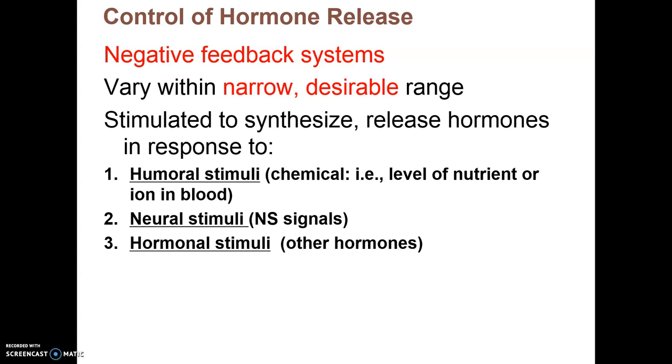Neural stimulus. Some hormones are released when we are under stress. For example, epinephrine and norepinephrine are released when we are under stress. That is neural stimulus.